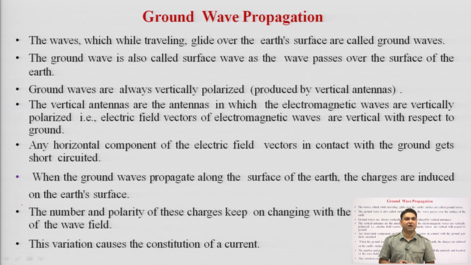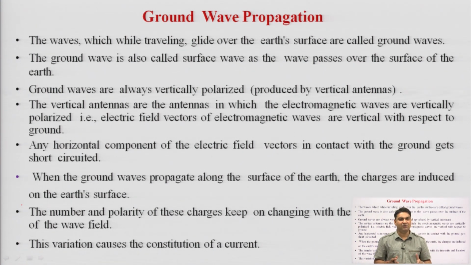The ground waves are always vertically polarized, which can be produced by vertical antennas. In the topic of polarization, I have cleared the concept of vertically polarized waves and horizontally polarized waves. How the radiation pattern can be found, the different designers of antennas can identify the polarization of different kinds of antennas.